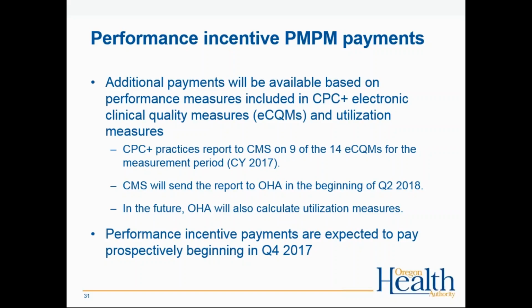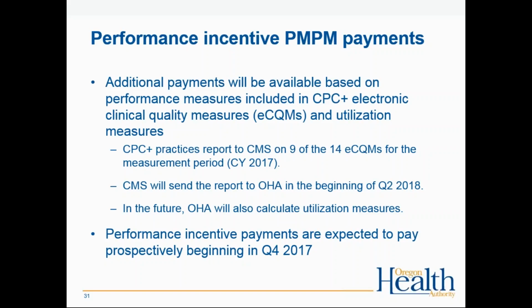And for Medicaid fee-for-service, we're really looking at a subset of those, and Medicaid fee-for-service will begin payments for meeting those performance and incentive metrics beginning in Q4 of 2017.